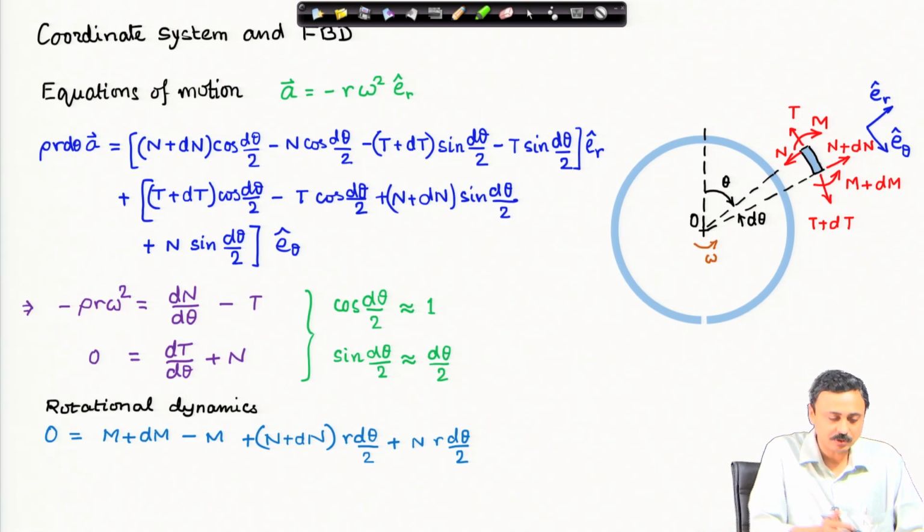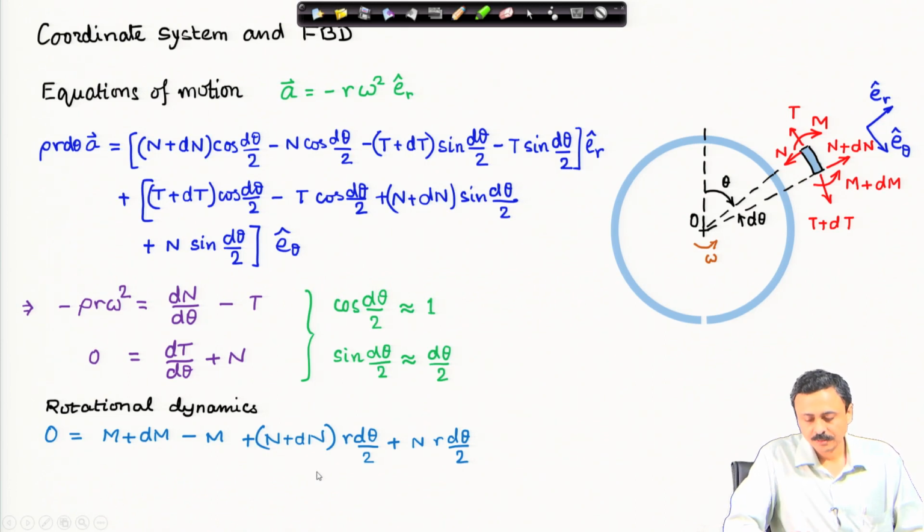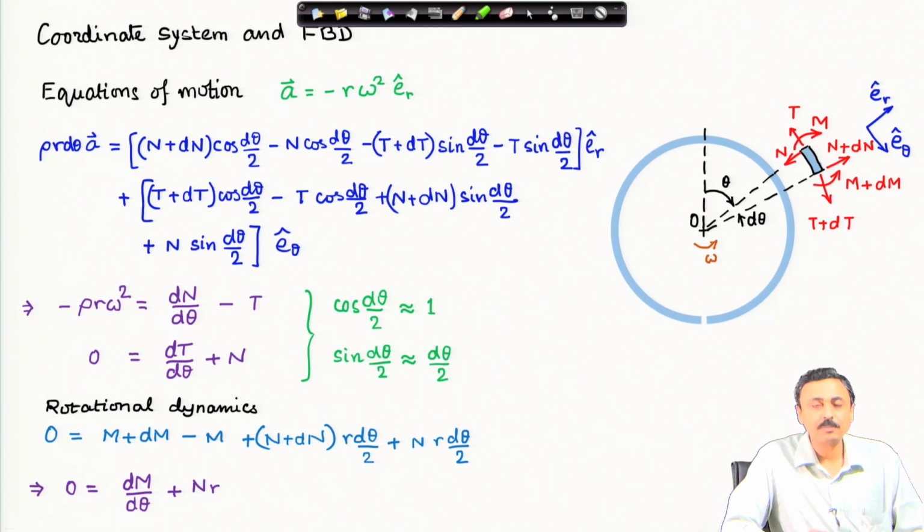Therefore, moment of inertia of this element times angular acceleration is 0, so 0 is equal to the sum of all moments about the center of mass, and in that we have the bending moment and the shear force producing first order terms, small terms. If I simplify this equation, I get dM/dθ plus N times R is equal to 0.